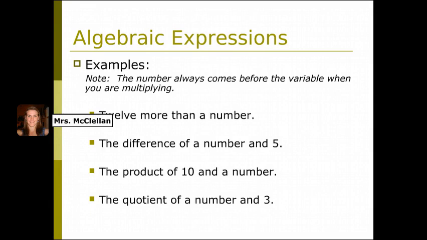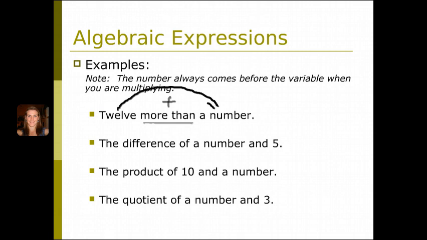Okay, so let's talk about some examples of algebraic expressions. Remember that we had discussed on the last slide that more than was a special term for addition. What more than means is it is a switch term, meaning that whatever is before more than trades places with whatever is after more than.